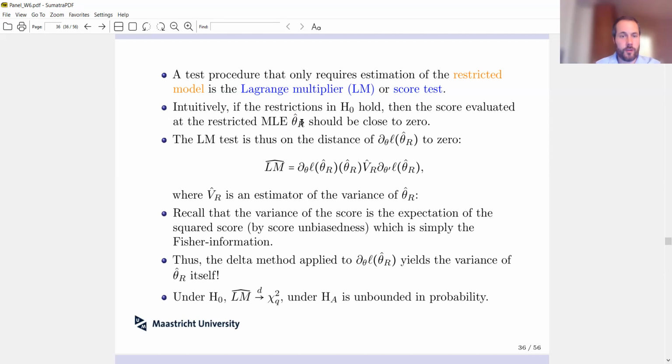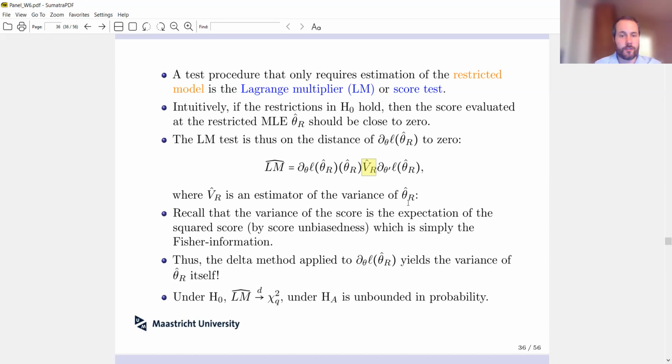Again, what we are doing is looking at the distance of the score evaluated at the restricted MLE to 0. Same idea: we have this quadratic form. The score comes from the left, the score comes from the right, and in the middle we have an estimate of the variance.